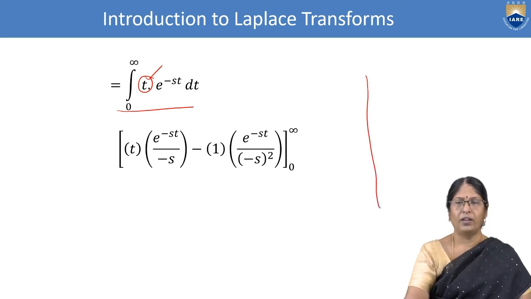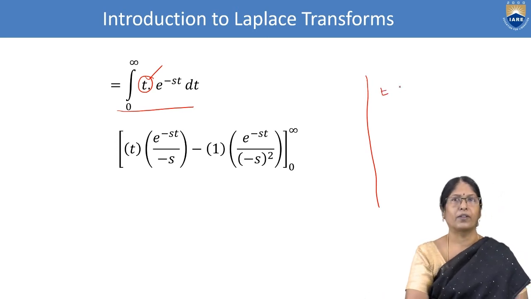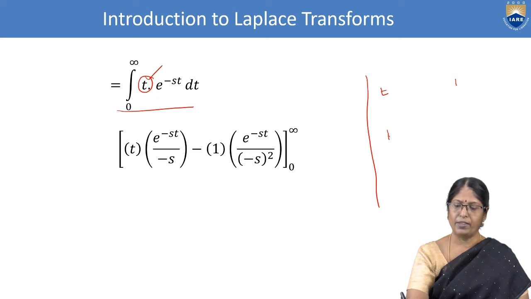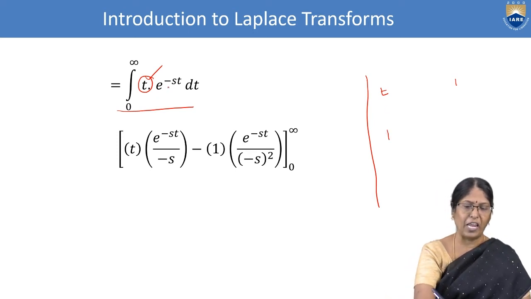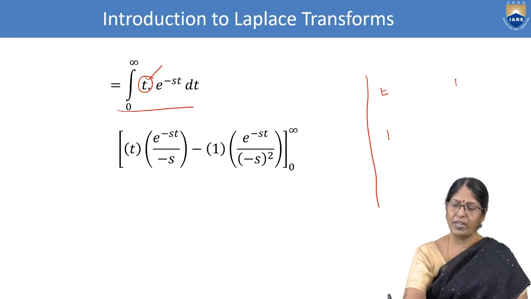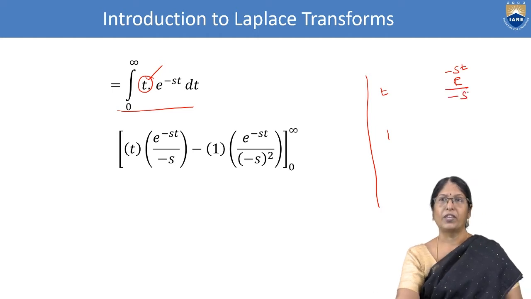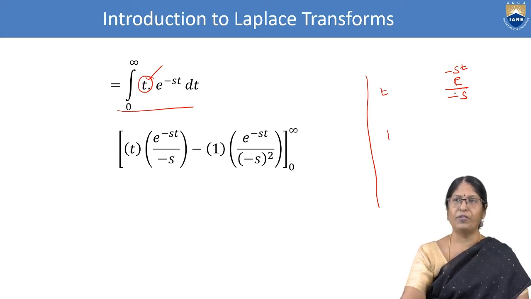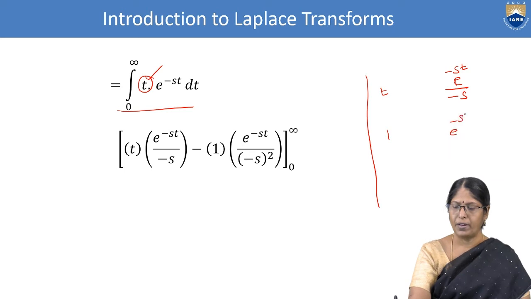The easy way to avoid careless mistakes: t is algebraic, and its differentiation is 1. For e power minus st, the integration is e power minus st by minus s. Again we integrate, e power minus st by minus s, one more time by minus s.